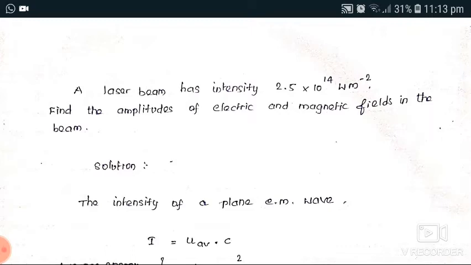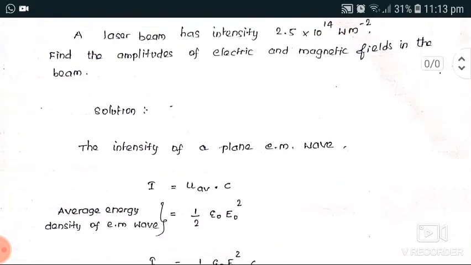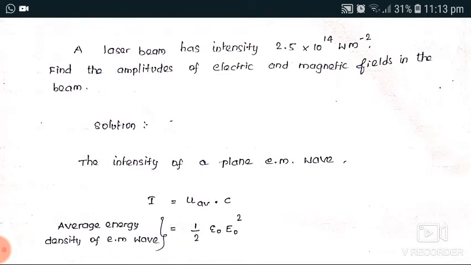That laser beam has an intensity of 2.5 into 10 to the power of 14. From that intensity, we can find the amplitude of the electric and magnetic fields in the beam. So we will now go for the solution. From the properties of electromagnetic waves, we can find the relation for the intensity of a plane electromagnetic wave.